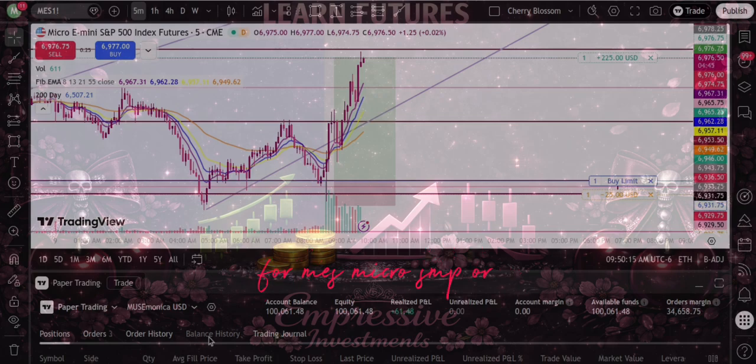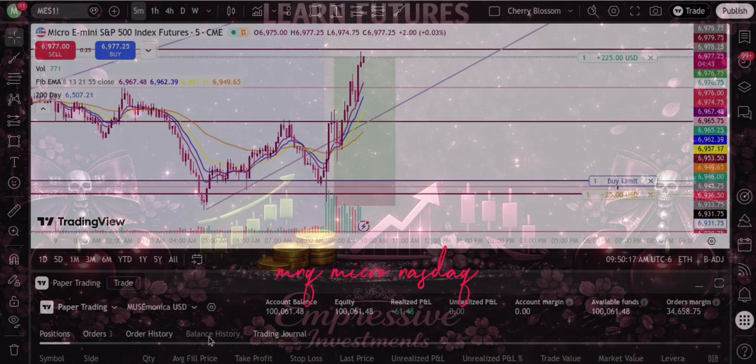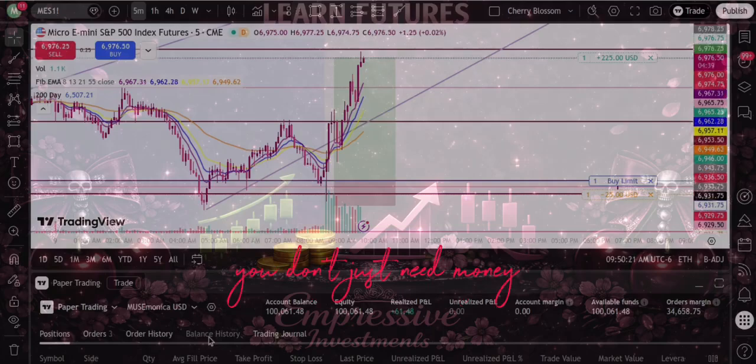For MES, micro S&P, or MNQ, micro NASDAQ, you don't just need money in the account, you need enough margin per contract. So typically for MES, you need about $50 to $100 intraday, or for MNQ, about $100 to $300 intraday.